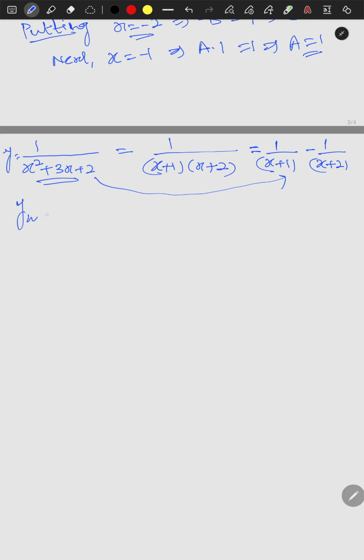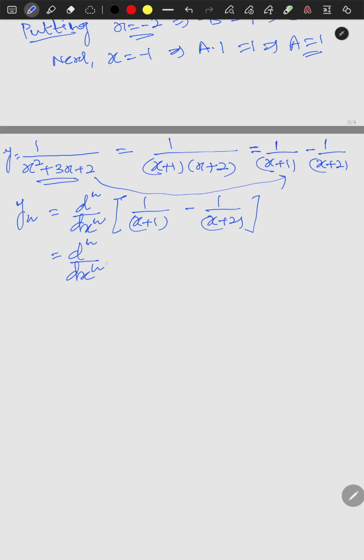So the nth order derivative of this will be the same as the nth order derivative of this expression, 1 upon x plus 1 minus 1 upon x plus 2, right? So you can further simplify this and write it as x plus 1 to the power minus 1 minus x plus 2 to the power minus 1.